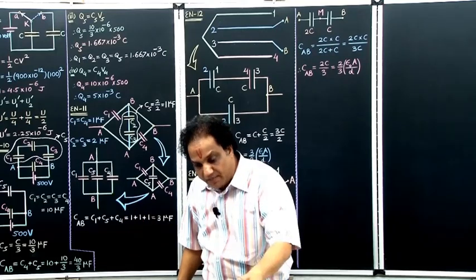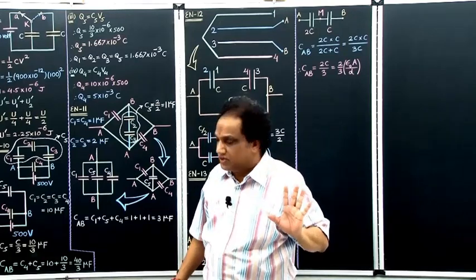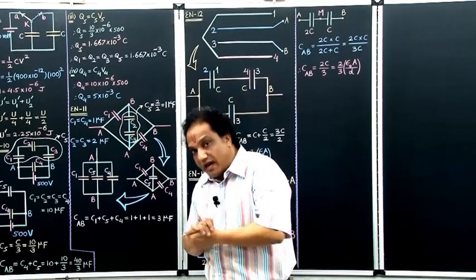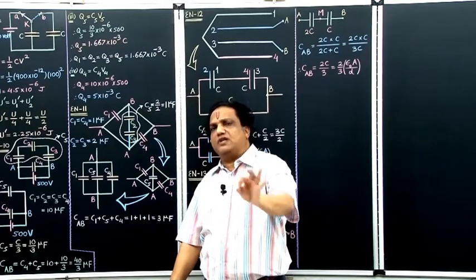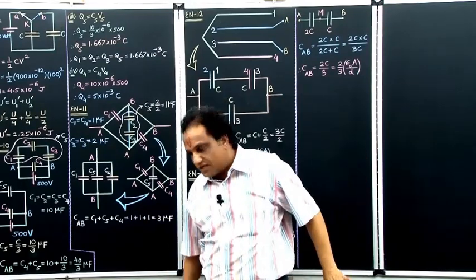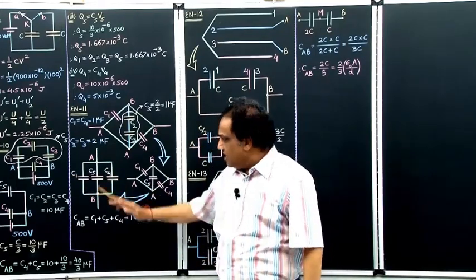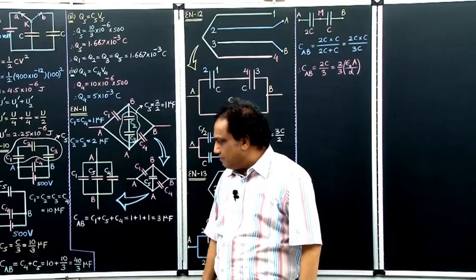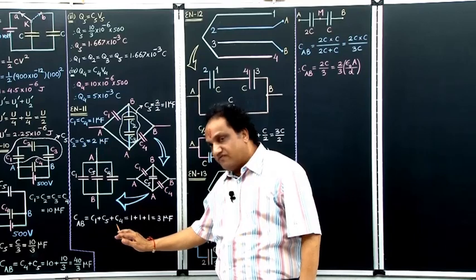So if the interconnected plates have same polarity of the charge, then the type of connection is parallel connection. And because these 3 are connected in parallel, what is the law of parallel connection of capacitors? Simply addition of individual capacitances. C1 plus C5 plus C4 will be equivalent capacitance between points A and B. So I am writing CAB equals C1 plus C5 plus C4.